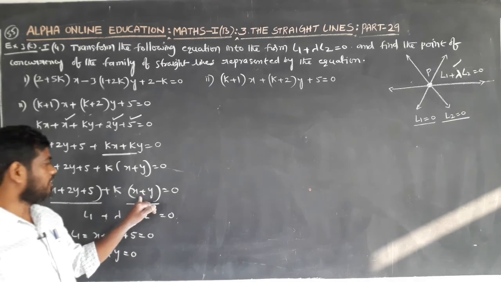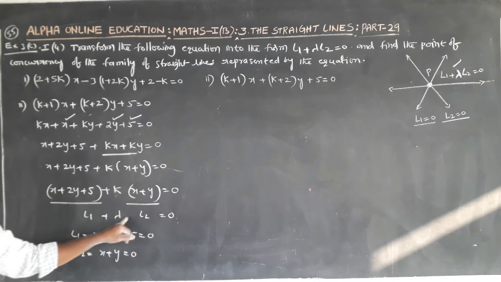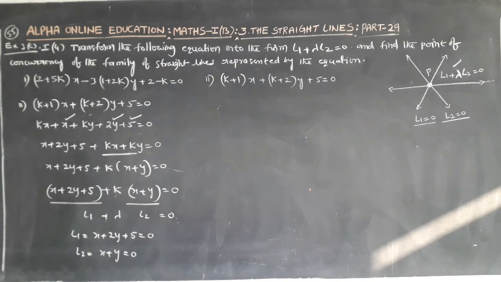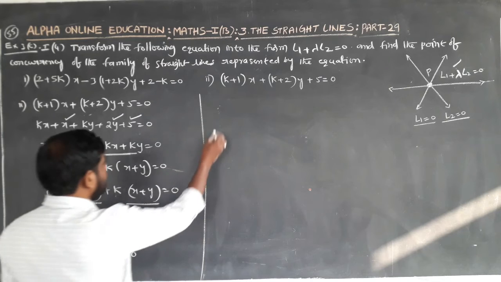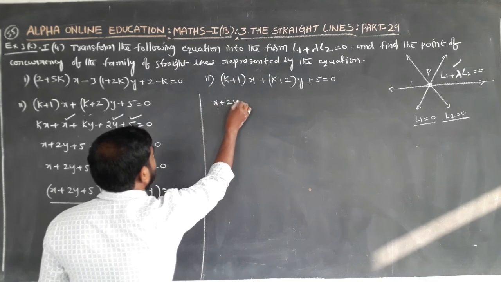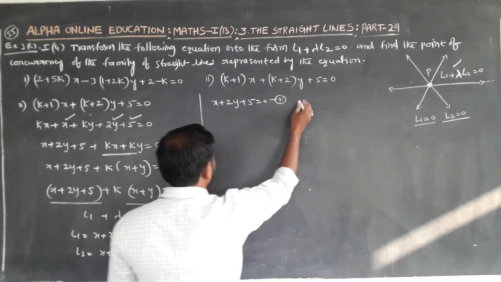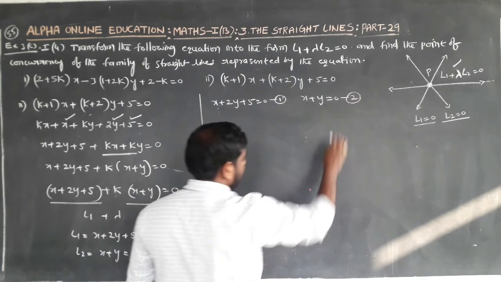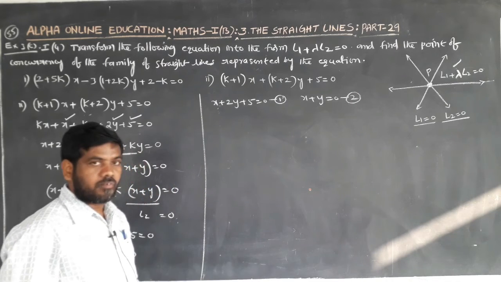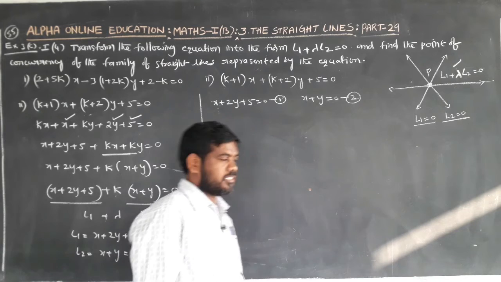This is the equation of the family of concurrent straight lines, L1 plus lambda L2 is equal to 0. The first line is x plus 2y plus 5 is equal to 0, the second line is x plus y is equal to 0. Solving 1 and 2, find the point of concurrency.